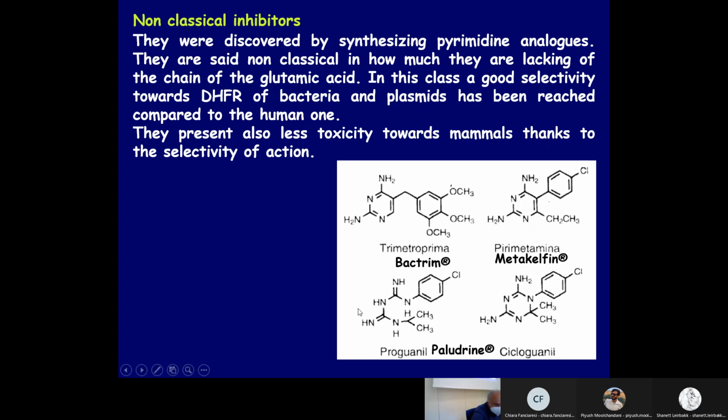So it was observed that the administration of proguanil, the open chain analog, the proguanil is transformed by our metabolism in cycloguanil. So the scientists thought to administer directly cycloguanil instead of proguanil. This compound is mainly used as antimalarial drug.